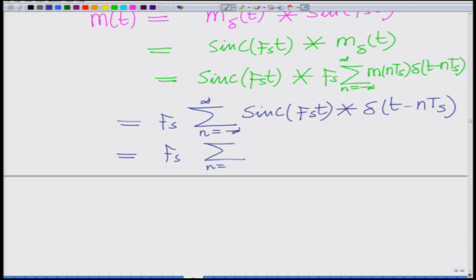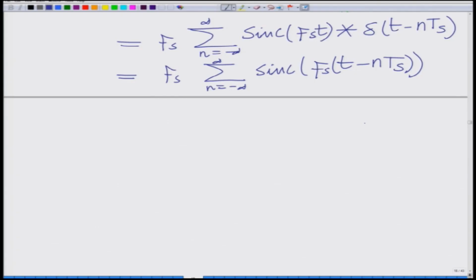So, that is n equal to minus infinity to infinity sinc of Fs of t minus nTs, where we are once again using the property, that is function x of t convolved with delta t minus t naught is simply x of t minus t naught, that is x of t shifted by t naught. So, sinc of Fst convolved by delta t minus nTs is simply sinc of Fs t minus nTs.